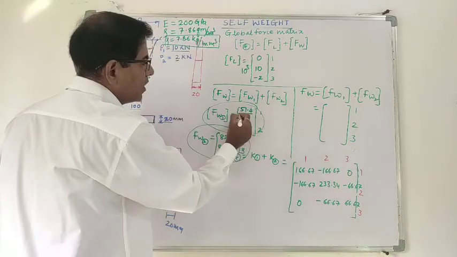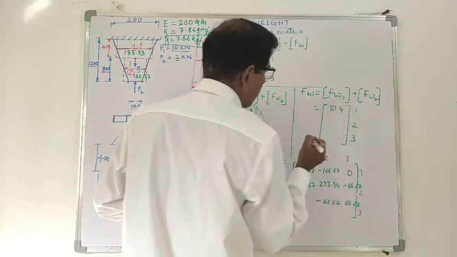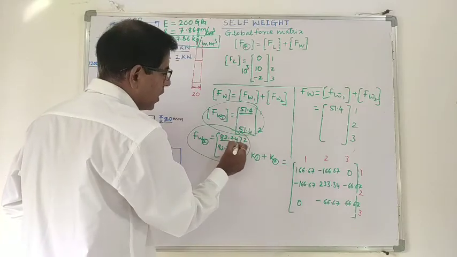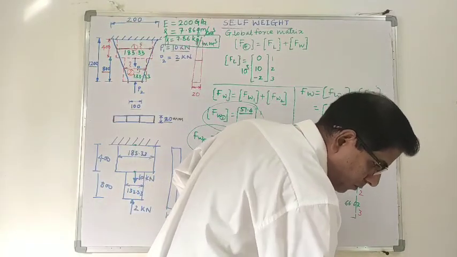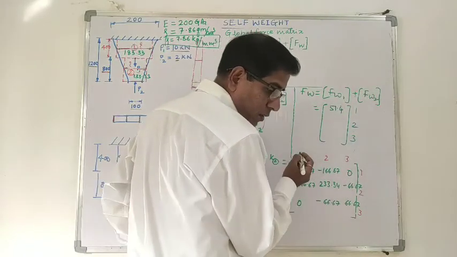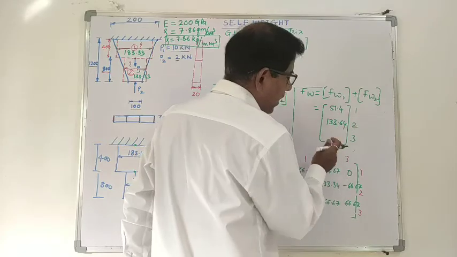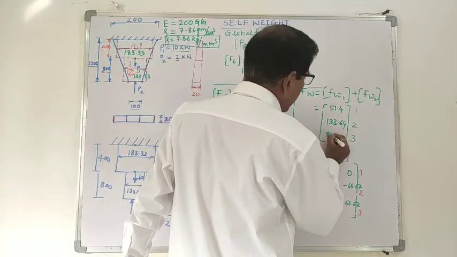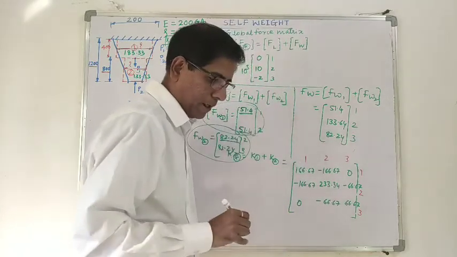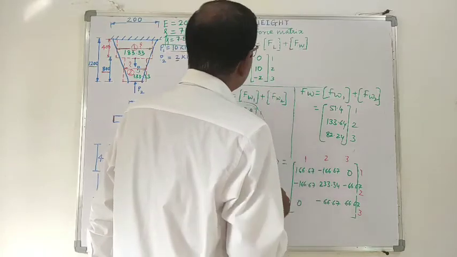At node number 1 there is only one value, that is 51.4. At node number 2 there are two values, 51.4 and 82.24, so that is 133.64. And at node number 3 there is only one value, that is 82.24 Newton.